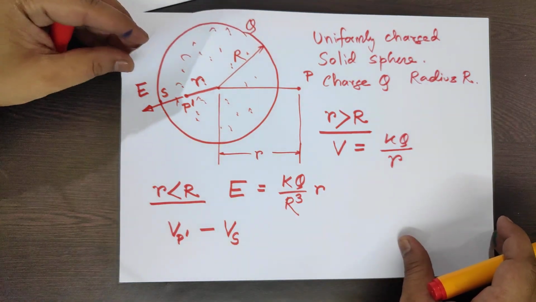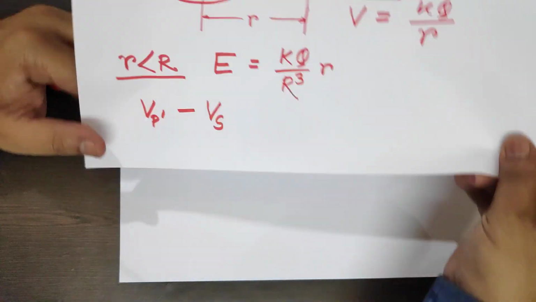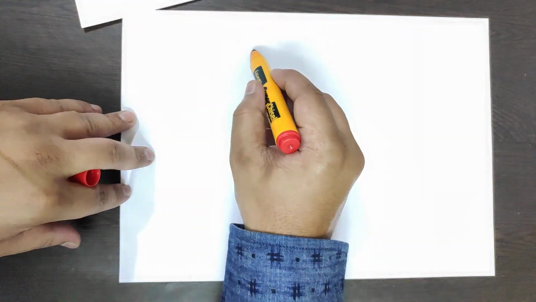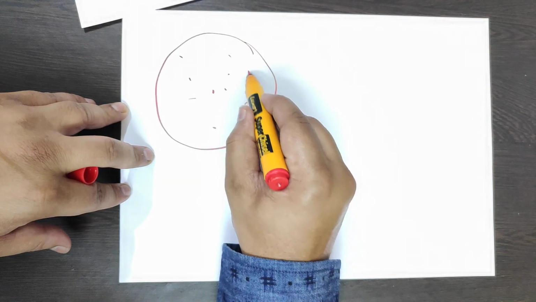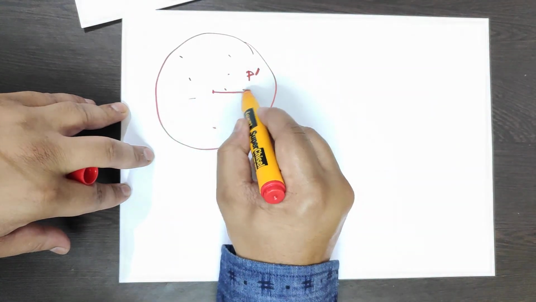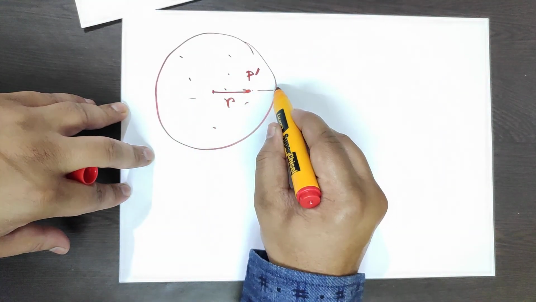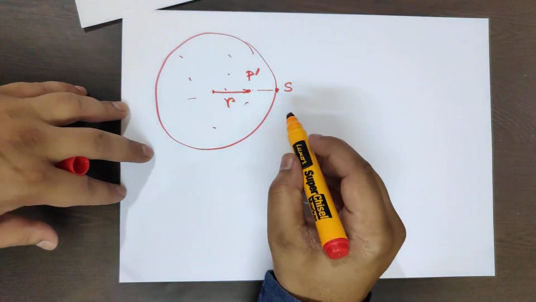I'll make one more diagram for this. So this is a solid sphere charged, and suppose this is a point P dash, this distance is r, and this is a point S on the surface.